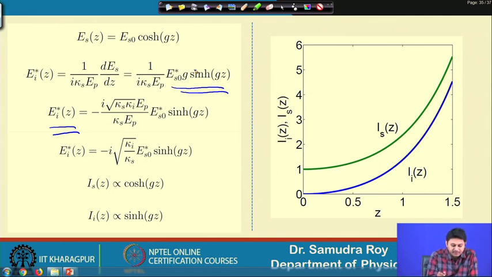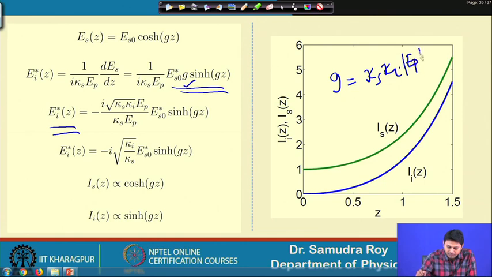Now what I will do is write g in terms of kappa. g was the root of kappa s kappa I mod of E p square, so g square equals that.